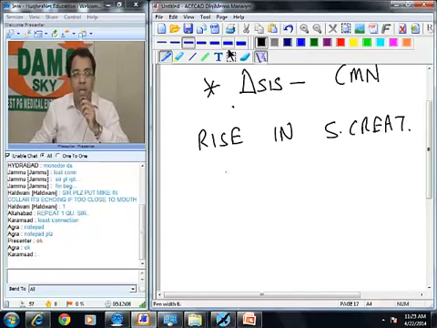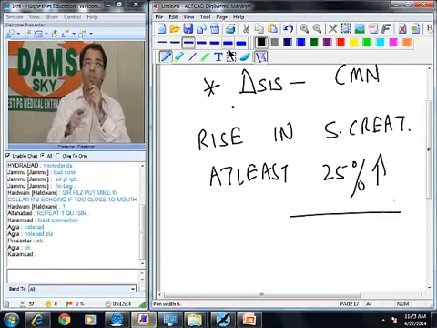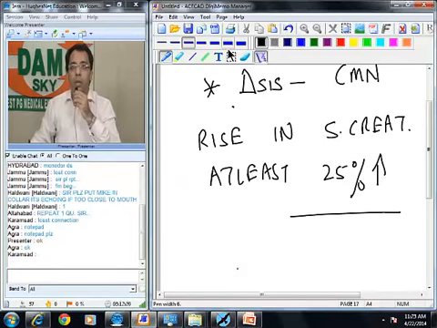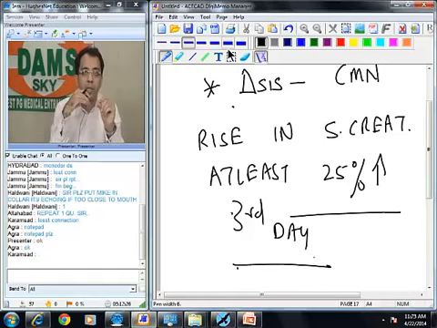They will say how much rise. Please remember, at least 25% rise. This is the next AIIMS question. At least 25% rise in serum creatinine on the third day indicates contrast nephropathy. Are you able to follow this?